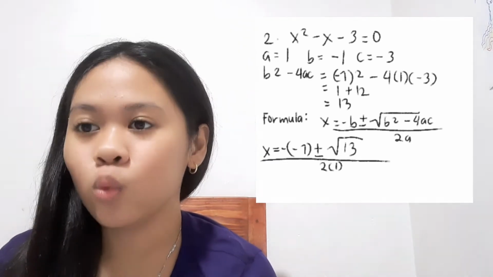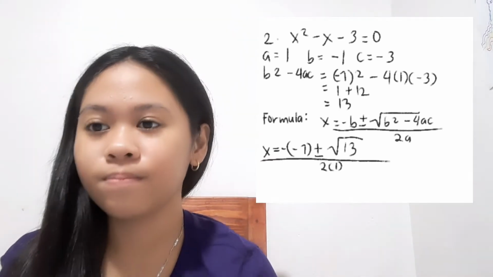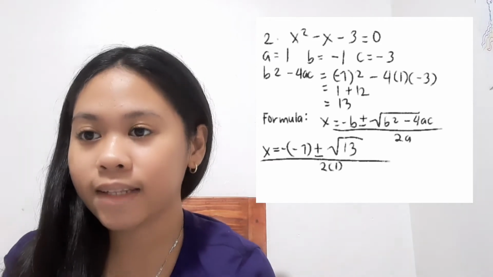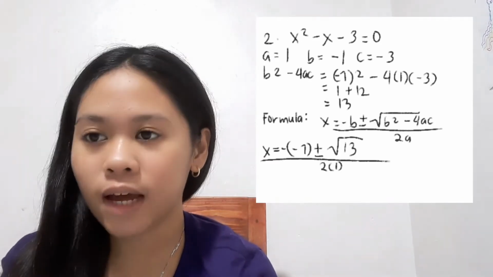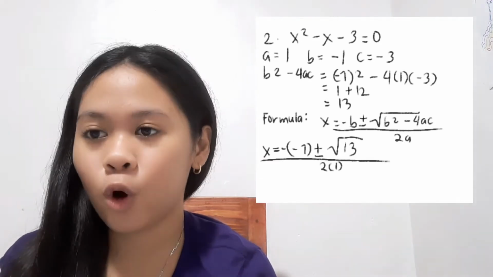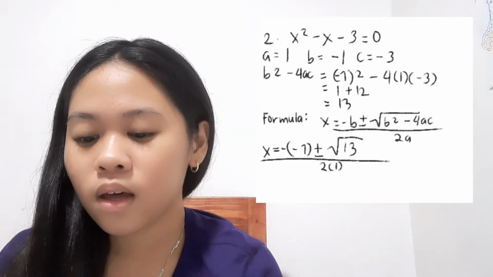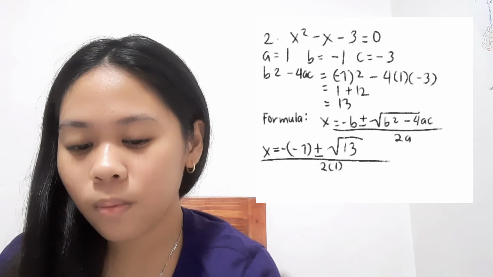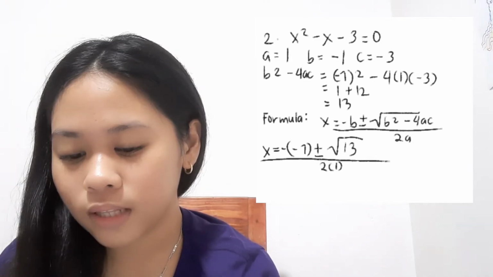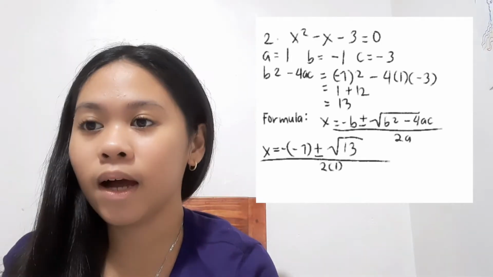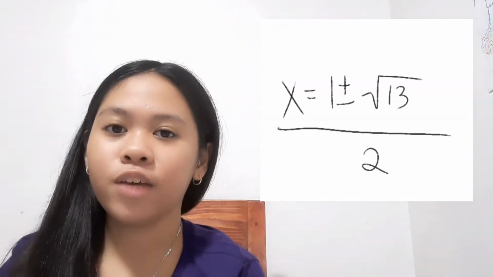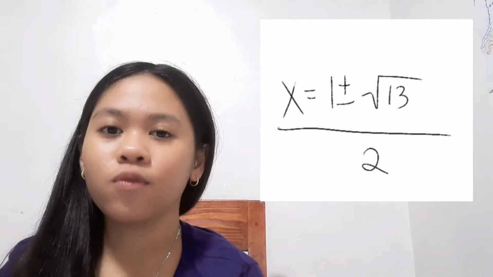Now let us add 1 to 12. 1 plus 12 is equal to 13. And after that, we will use the quadratic formula. So, x equals negative 1 plus or minus the square root of 13, all divided by 2 times 1. Next, we will just take the opposite of negative 1, which is positive 1.